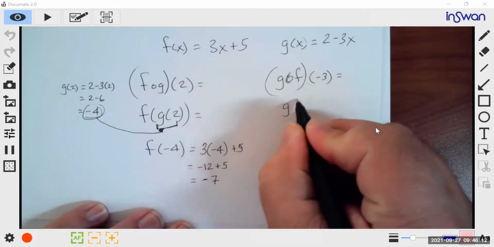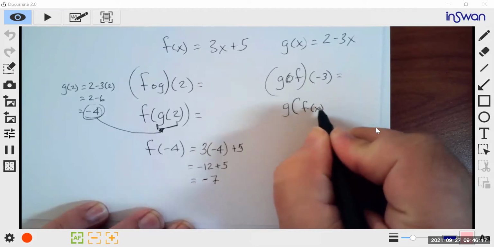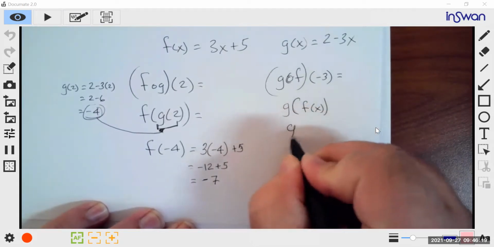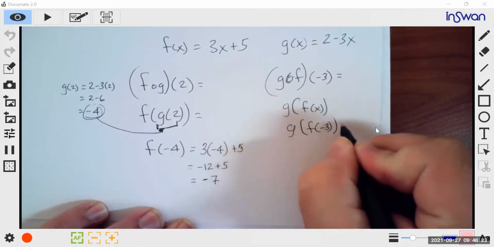So that's g of f(x), which is g of f of negative 3.